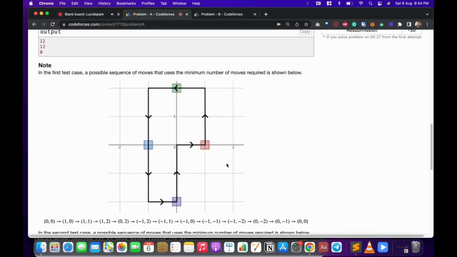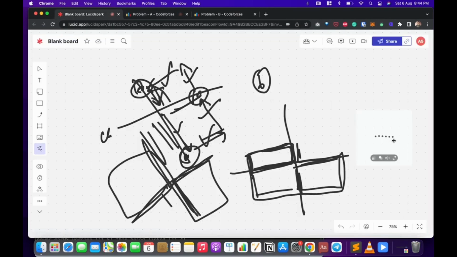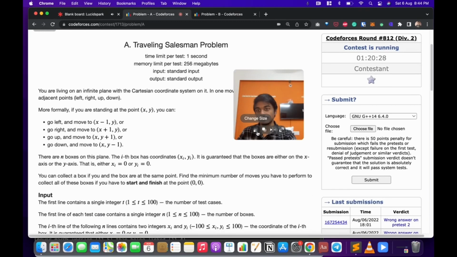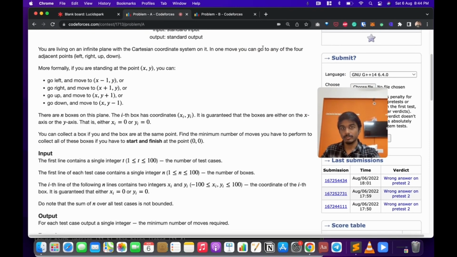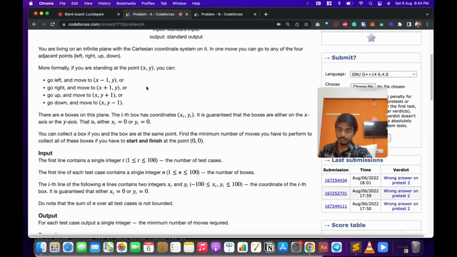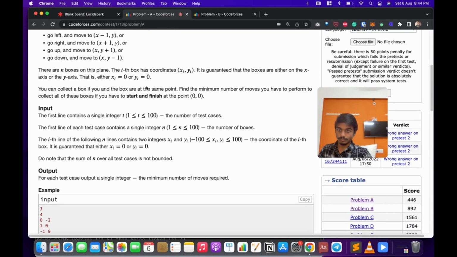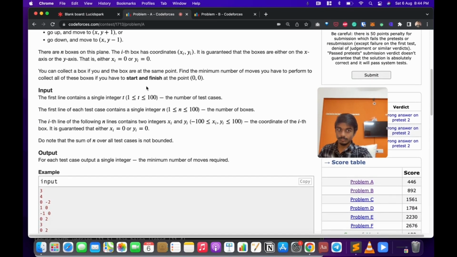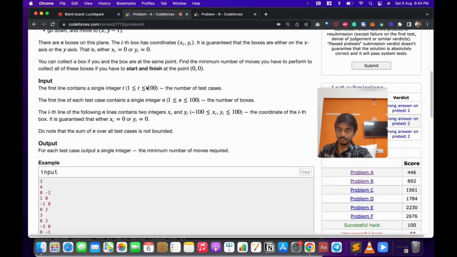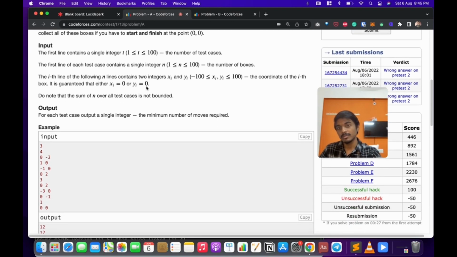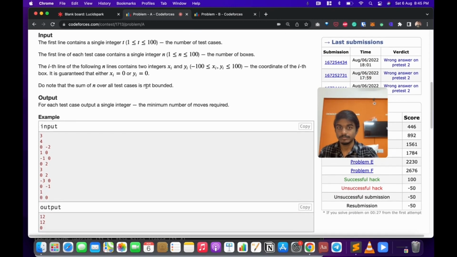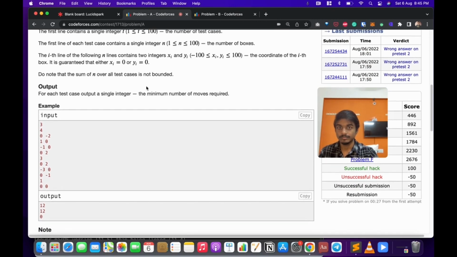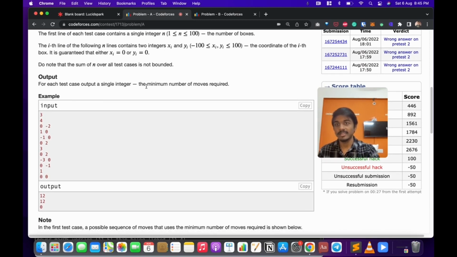Let me try the question again. If not, I'll probably stop that. Guaranteed that either xi equal to 0 or yi equal to 0.